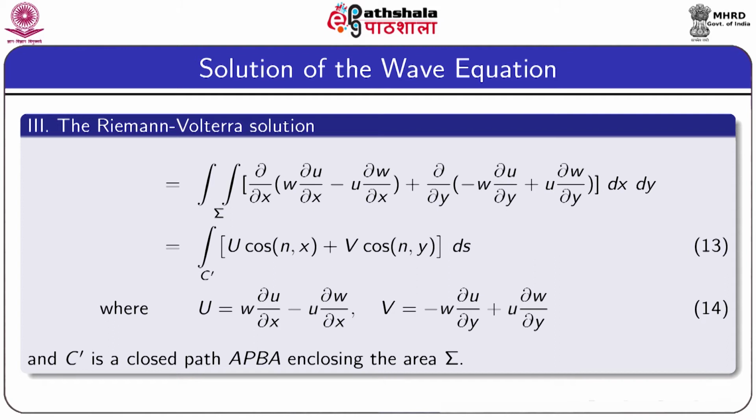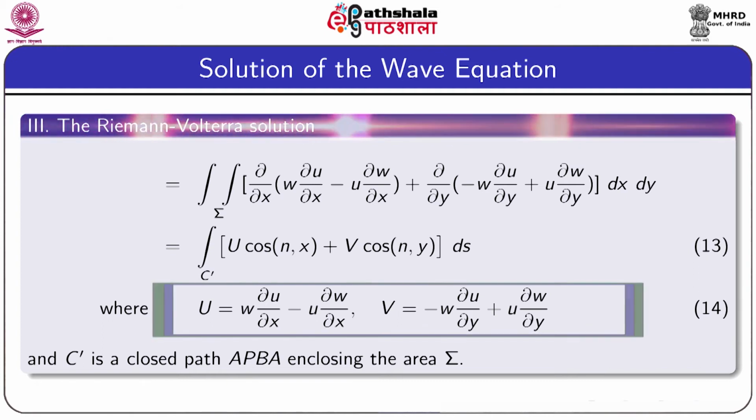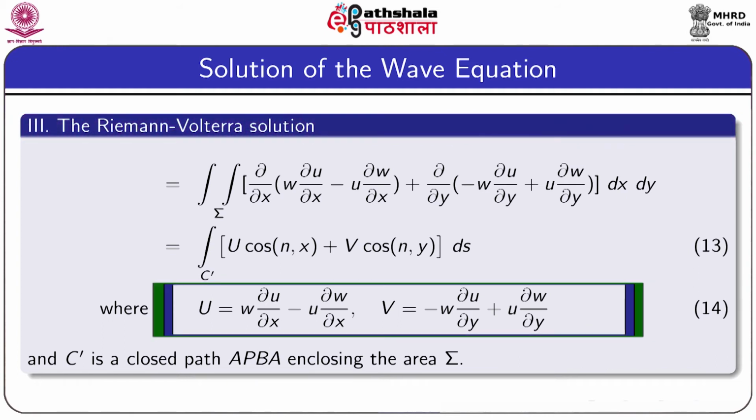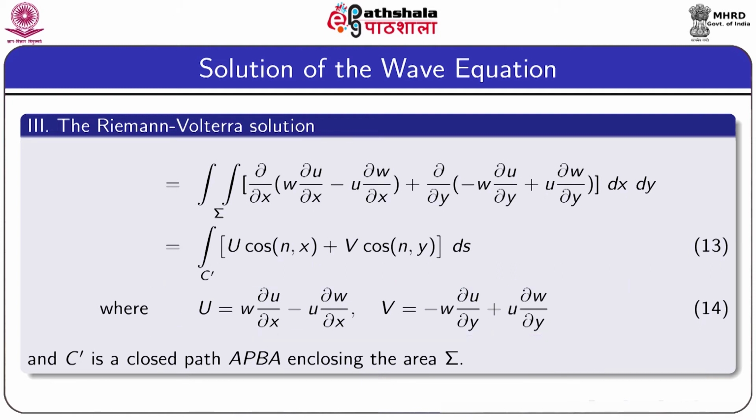If you observe the expression for capital U, we have chosen W as 1. So, for that this term becomes 0, del W del x. So, capital U becomes del U del x and capital V becomes minus del U del y, because W being 1, this part gives 0.